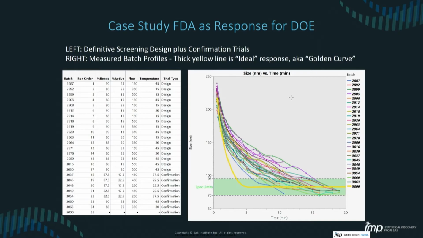Since it's a company that wants to make money, they want to get in spec as quickly as possible and then stay in spec. So if they could make something like the golden curve, they'd be really happy. Now, they don't really make anything quite that good, but it gives us a target to do optimization to find, at least within the data set from this designed experiment, what set of conditions gets us in spec as quickly as possible and keeps us there, and therefore we make more money.